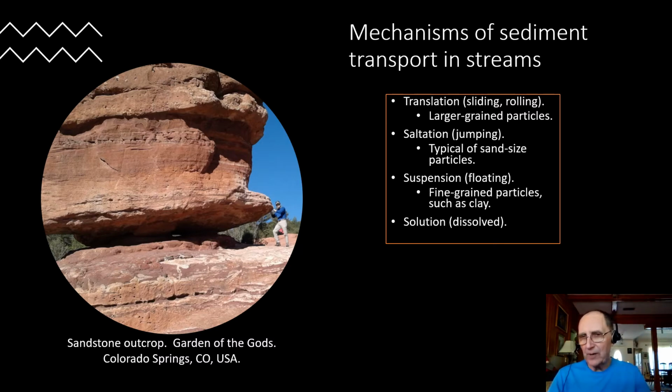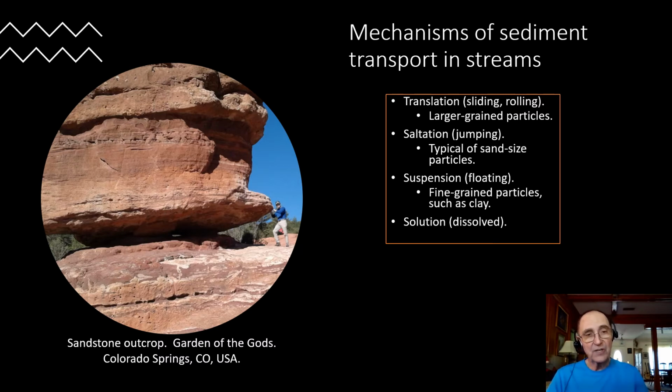Typical sand-sized particles tend to move in this fashion. Suspension implies floating. Some particles are light enough, like clay particles, to simply float down the stream. And solution are particles or mineral matter that may be dissolved by the water until it reaches some point like the ocean where it precipitates into solid mineral matter again.